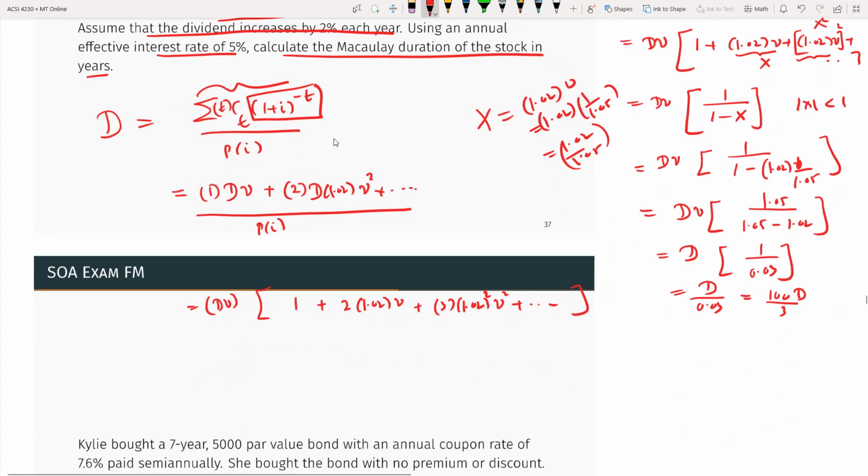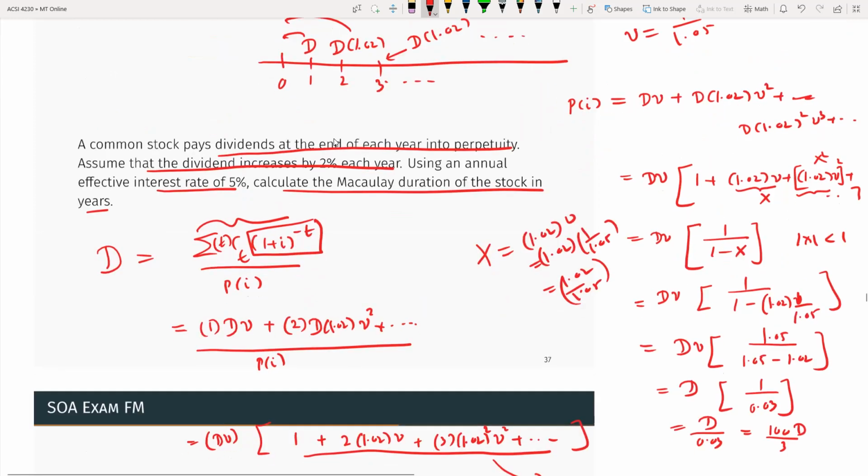So you may have to find a formula to get the sum of that.